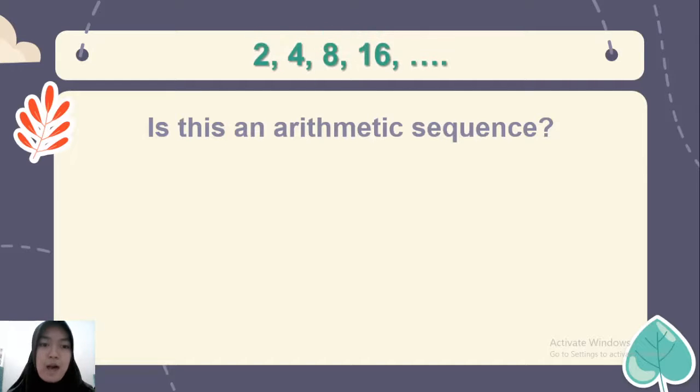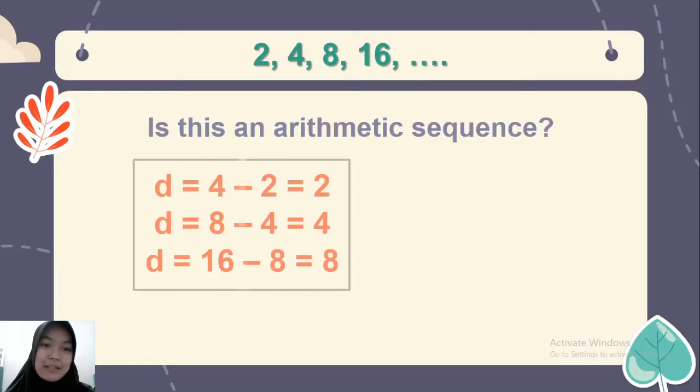Now, how about this? 2, 4, 8, 16, and so on. Is this an arithmetic sequence? Let's see the common difference. The second term minus the first term, which is 4 minus 2, is 2.